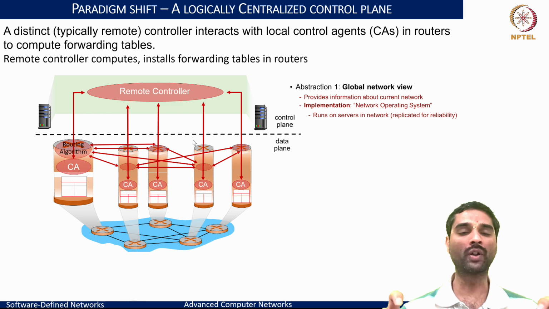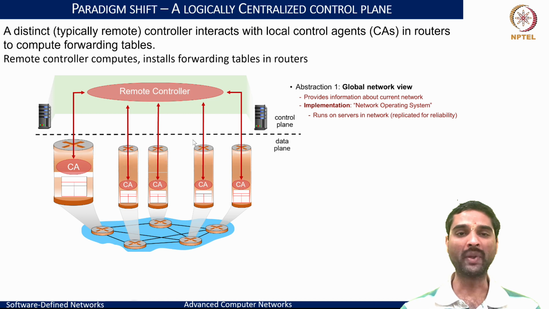This remote controller is our implementation of a network operating system. Once you have a remote controller that is able to get the global network view, it can compute the global routing table. Note that this routing table reflects the global map independent of each of these routers.